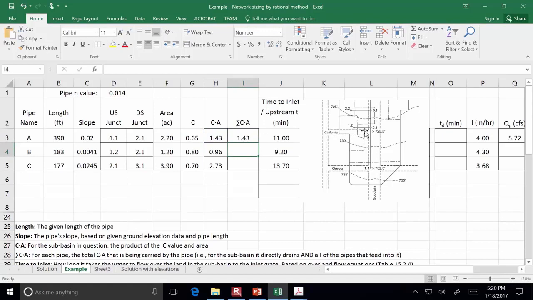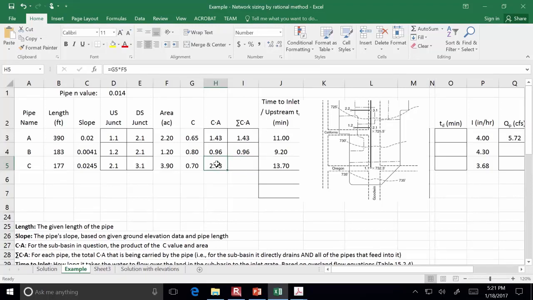And the same thing is true for pipe B, which is this one that goes from 1.2 to 2.1. It only has the CA of that one. But pipe C, as it's called on the handout I've given you, has water from 3 different ones.